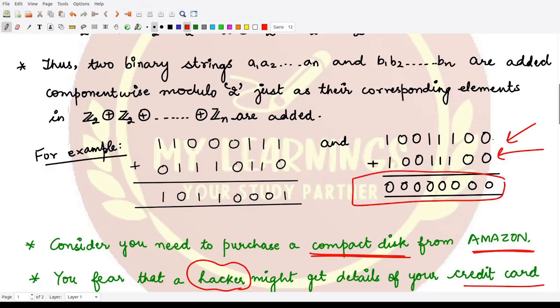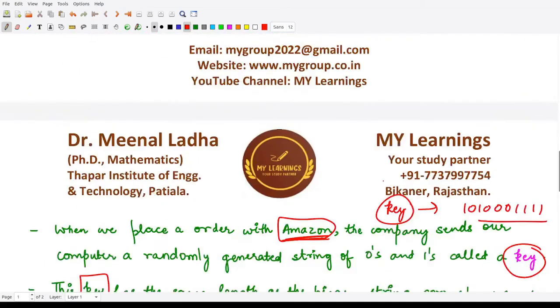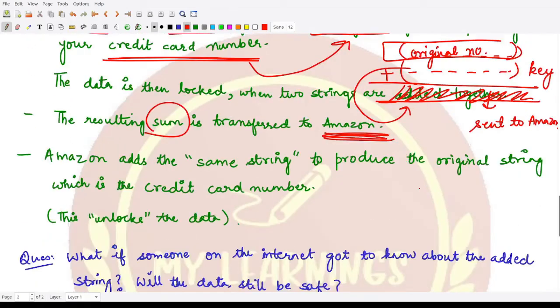That means its effect cancels out. So Amazon adds the same string to produce the original string, and this original string is nothing but your credit card number. In a way, it unlocks your data.